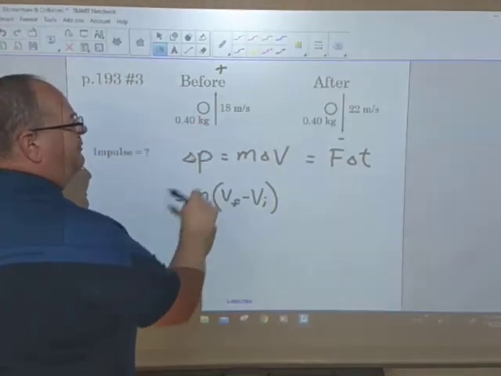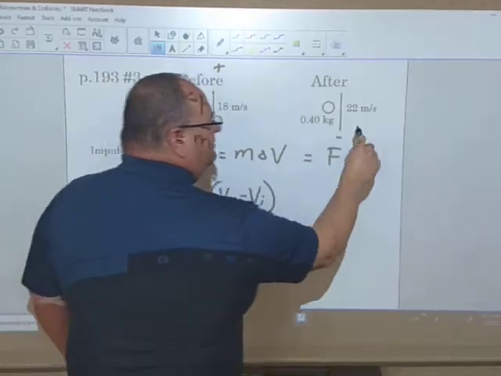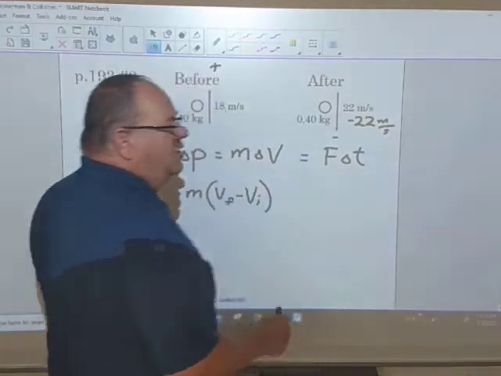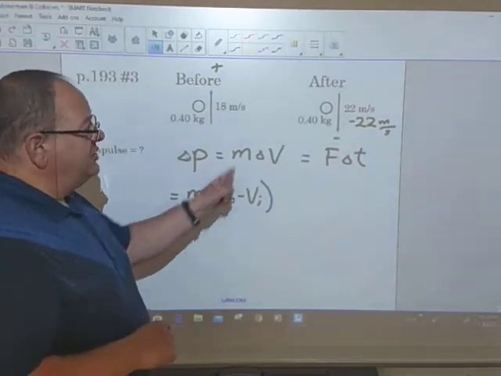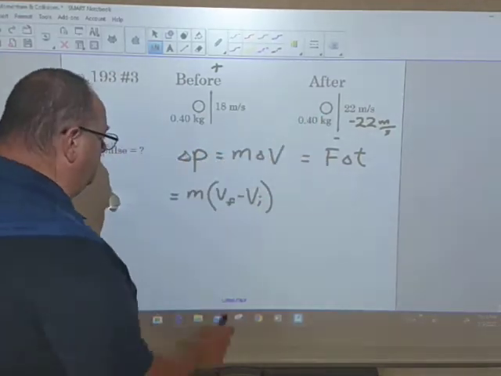So this is a positive 18 meters per second, but this is actually a negative 22 meters per second when we do our math, because it's in the opposite direction. That was the final velocity, after the kick.